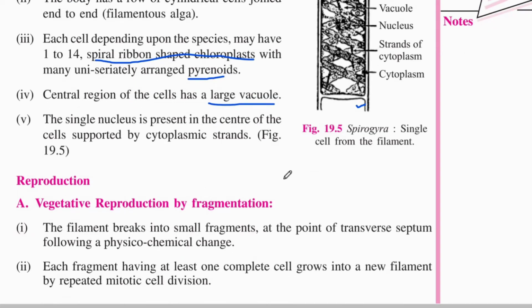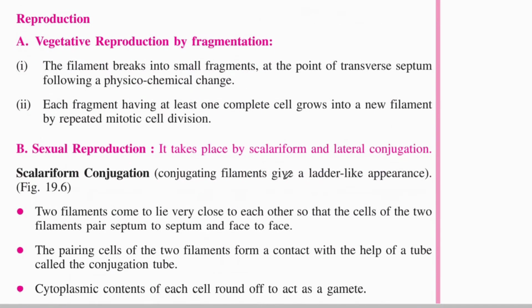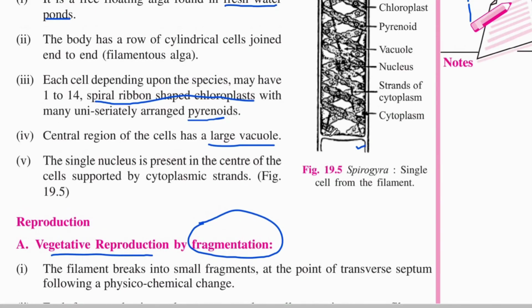Now coming to the different methods of reproduction in Spirogyra. The first method is vegetative reproduction, and the method of vegetative reproduction adopted by Spirogyra is called fragmentation. The entire filament breaks down into small fragments at the point of the transverse septum. This is a septum separating one cell from another cell.